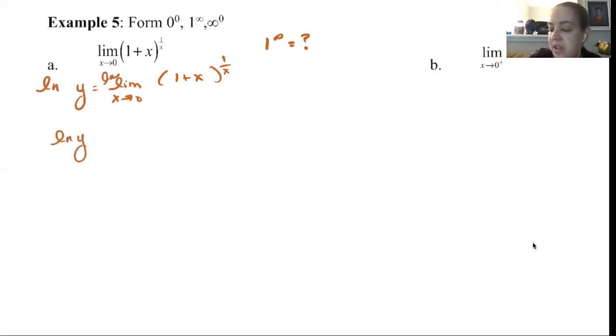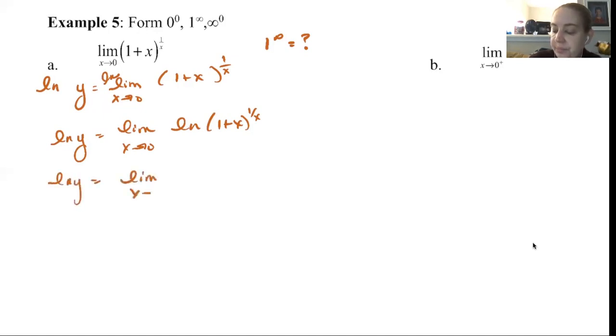So this is natural log of y equals the limit as x approaches 0 of natural log of (1 plus x) to the 1 over x. Now, the nice thing about the natural log is the exponent you're allowed to move around. So instead of 1 over x being on the outside, you can actually move it to the front. So this natural log of y is just going to sit there as we go through.